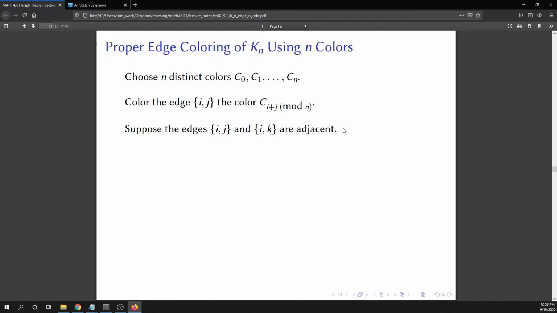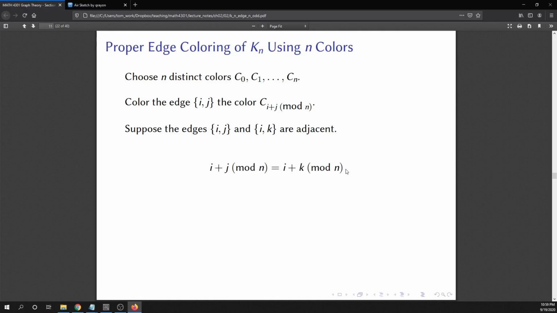So what that means is that i plus j mod n, that would be the color that this edge is colored, and i plus k mod n, if they are equal to each other, they would have the same color. So if these two edges are the same color, then this would be true: i plus j mod n, the index of the color, would be equal to i plus k mod n.